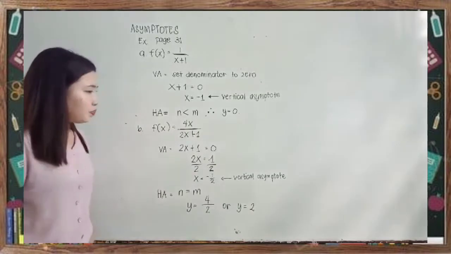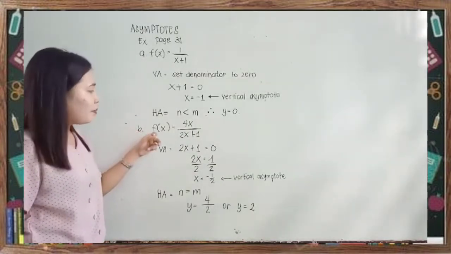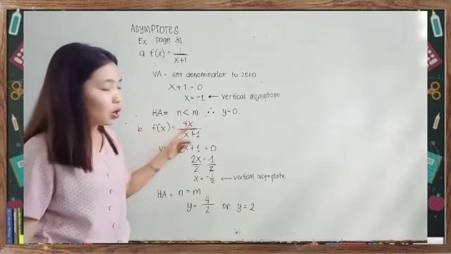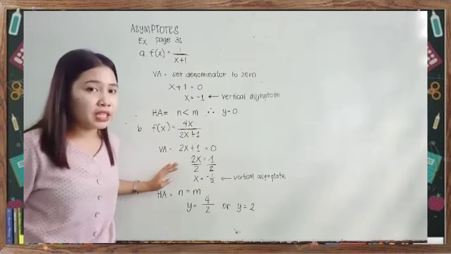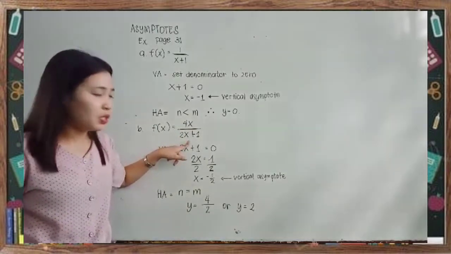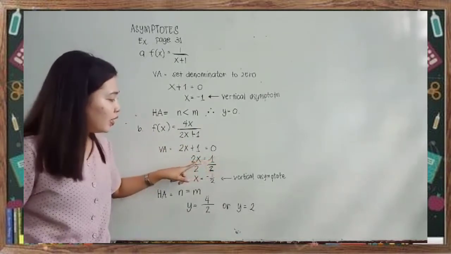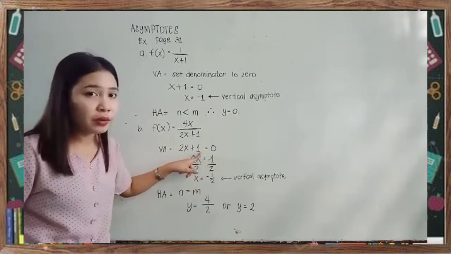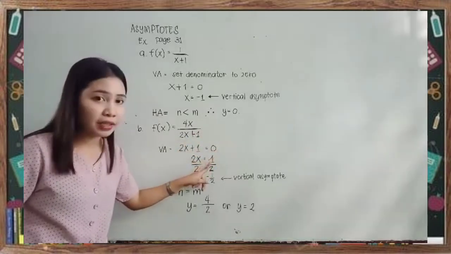Okay? So, to the example number, letter B, f of x is equals to 4x all over 2x plus 1. Okay? So, sa pagkuha ulit ng vertical asymptote, isa-set natin siya yung denominator into 0. 2x plus 1 is equals to 0. Then, 2x, yung constant na 1 ay i-transpose into the right-hand side, magiging negative 1.